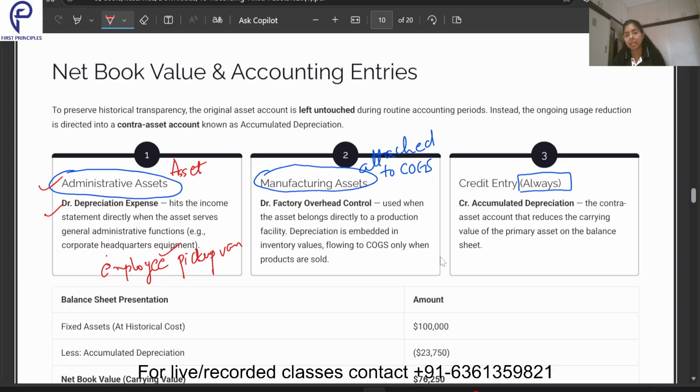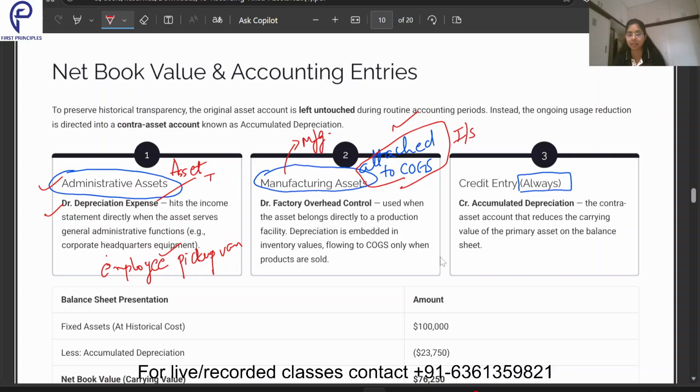But if any asset is being used for manufacturing purpose, then my depreciation will be attached to my cost of goods sold, which will again go to my income statement only.